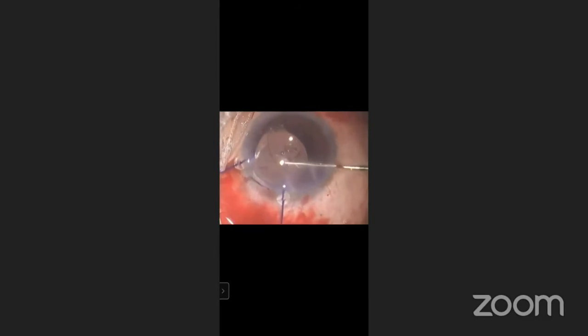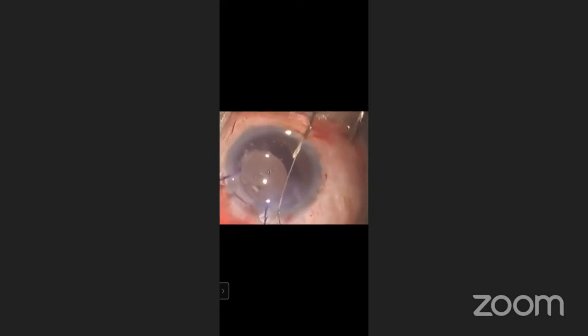The capsular tension segment is now introduced into the capsular bag and placed well at the point of proposed fixation. The second needle is also similarly exteriorized. Now both needles come to lie opposite the point of fixation.